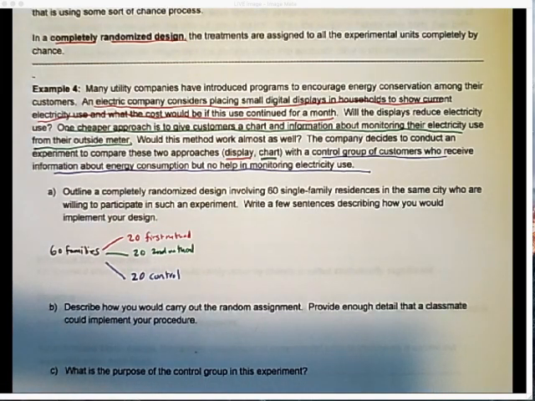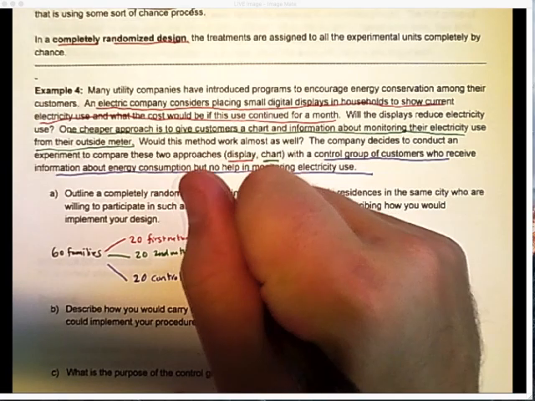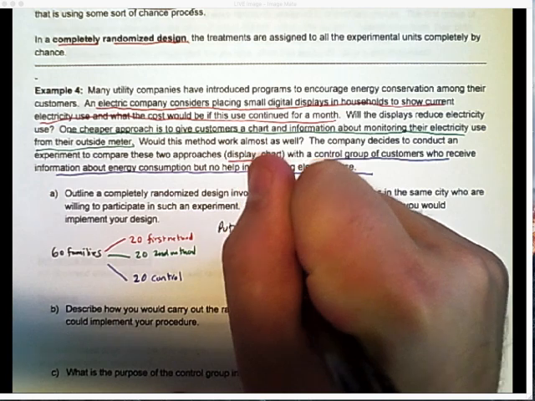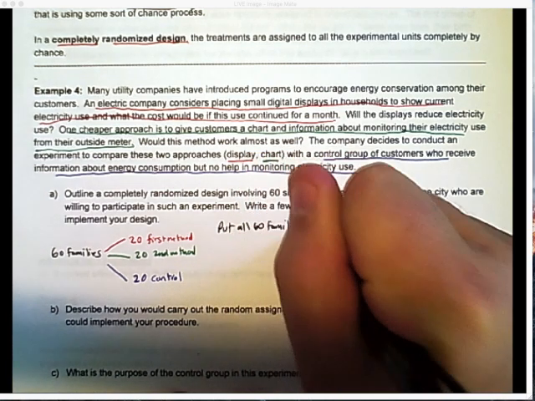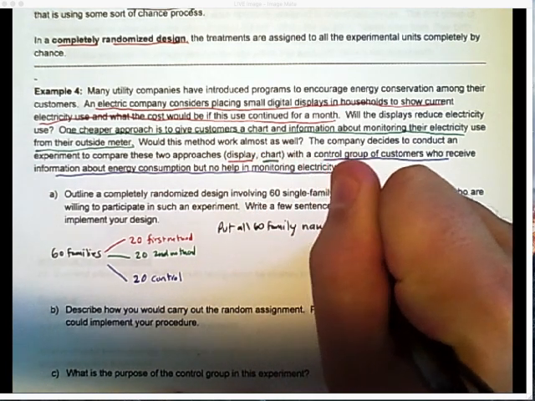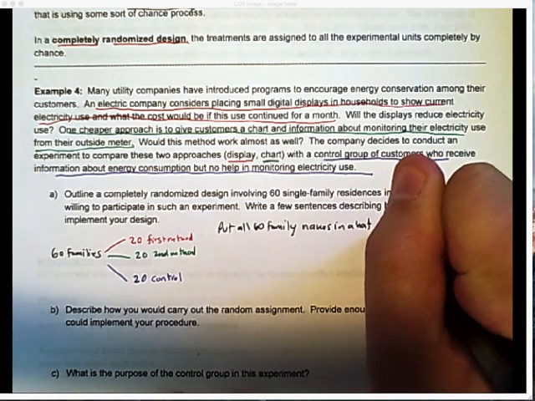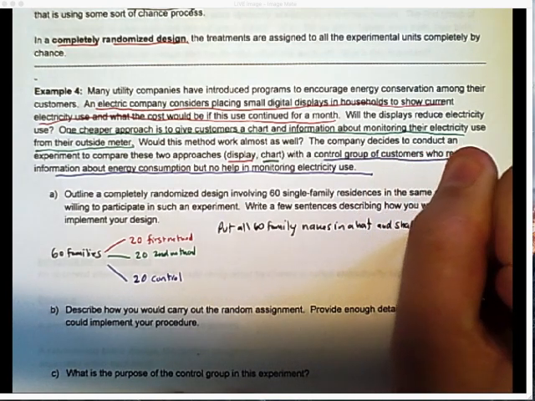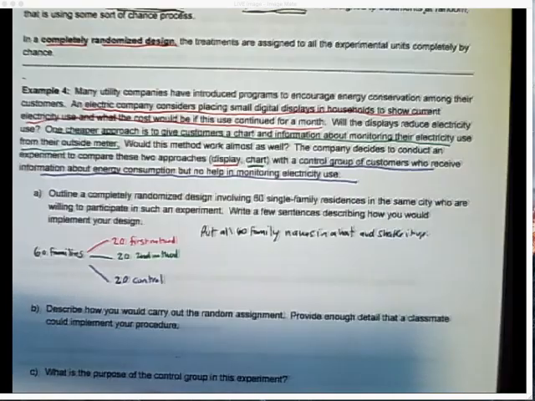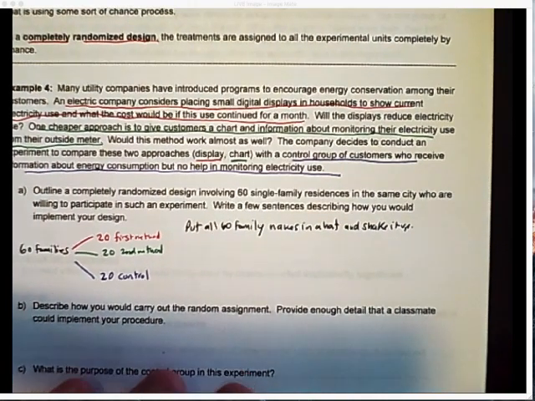All right, so they just want me to outline this. So here's how I'm going to do it. I'm going to put all 60 family names in a hat and shake it up. All right.